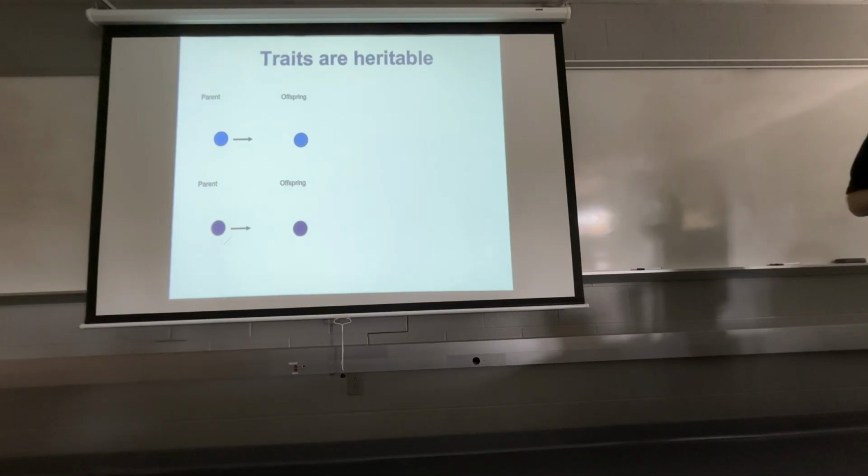We know traits are heritable, so a parent that's light blue can pass the light blue color onto the offspring, or a parent that's dark blue can pass that color onto an offspring. Or heck, a dark blue might carry a recessive trait for light blue and vice versa, right? And can pass on the other phenotype, or at least part of it, if breeding is random.